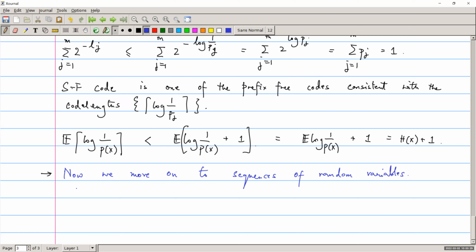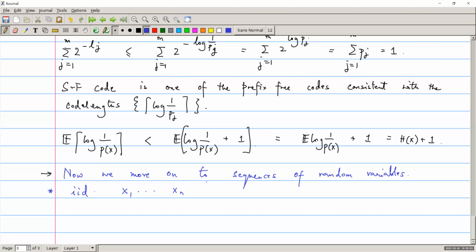So we are looking at a sequence of random variables, and the first situation we are looking at is when they are IID. So x1 through xn are IID, and let's say they have common entropy h.